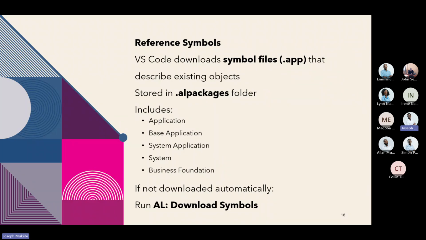So you can download symbols, and then you have things like budget monitoring, payroll. These include the application file, the base file, the system application, and then the business foundation. I think one of the previous presenters talked about those different apps. If you do not download symbols, you can just run this to download symbols.